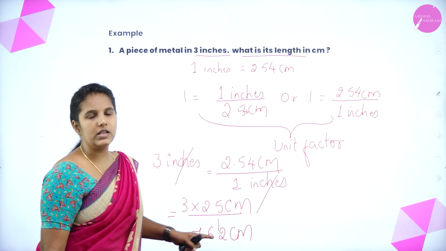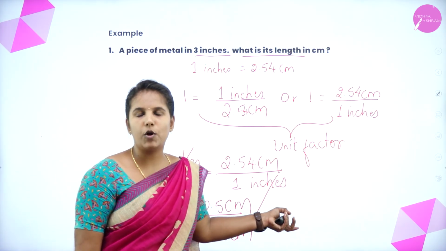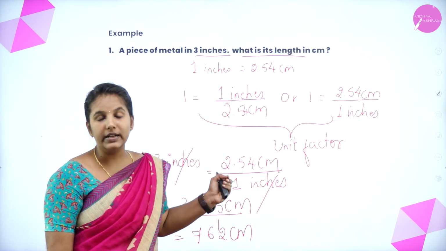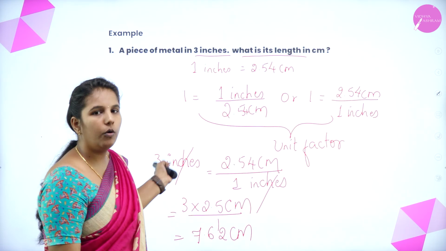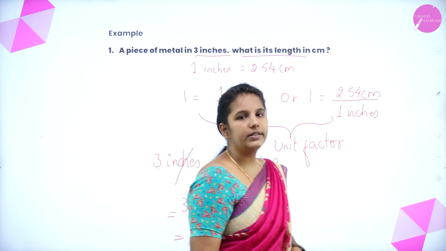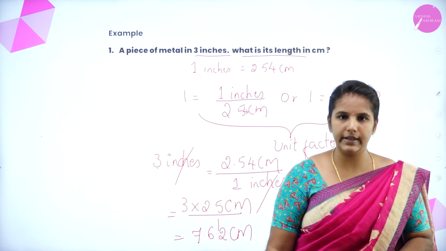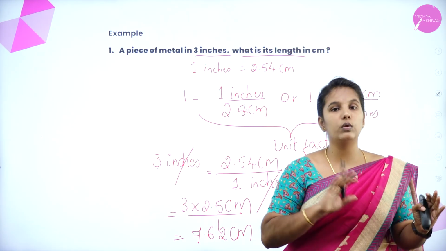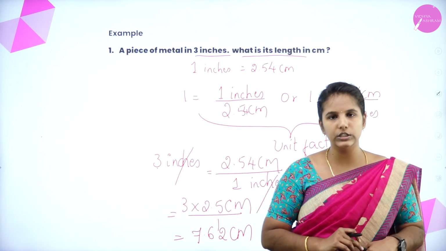So 7.62 centimeter is the result of measuring the 3 inches of a metal. This is how, if they have given one unit, you can convert it into another unit.